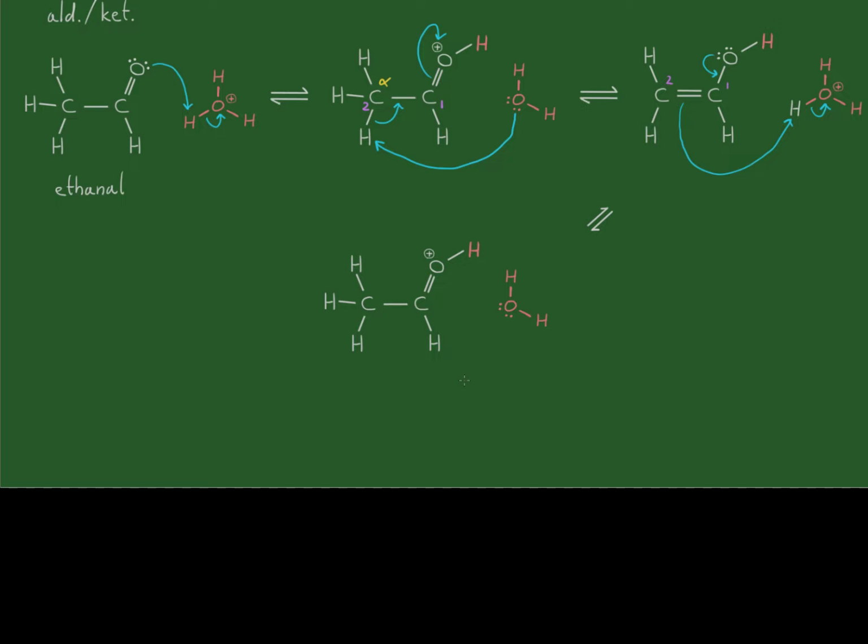What is the next step? Recall, we are trying to get back to our aldehyde. So we need to get a carbonyl group. Or, if you like, we need to get rid of this proton here, this one in yellow.